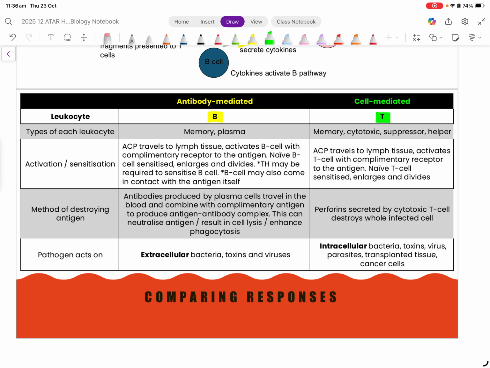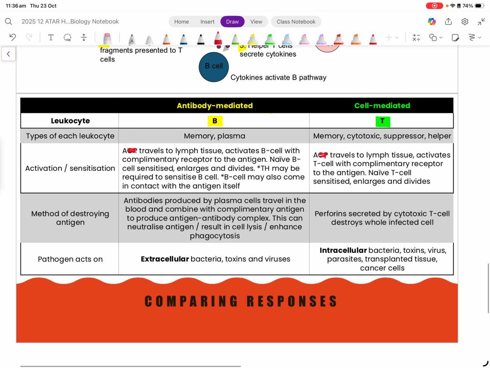So an antigen-presenting cell, I'm sorry, I've got this wrong in this diagram here. Let me adjust. So antigen-presenting cell, traveling to the lymph tissue. And what they're going to activate is slightly different. So I'll highlight the differences here. Instead of activating the same type of cell, they're activating their relevant cell. Okay? And that's going to happen in the same way with a complementary receptor to that specific antigen.